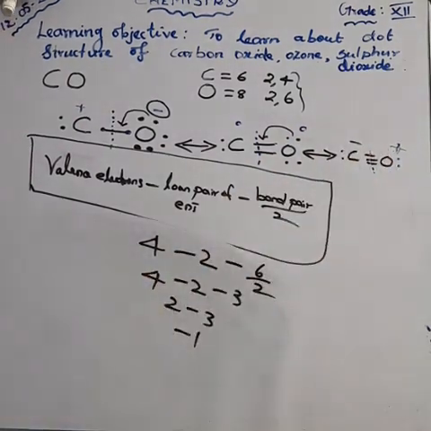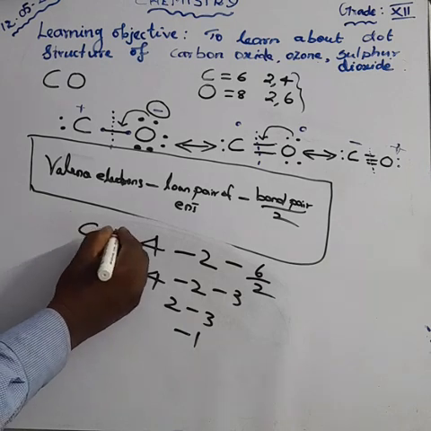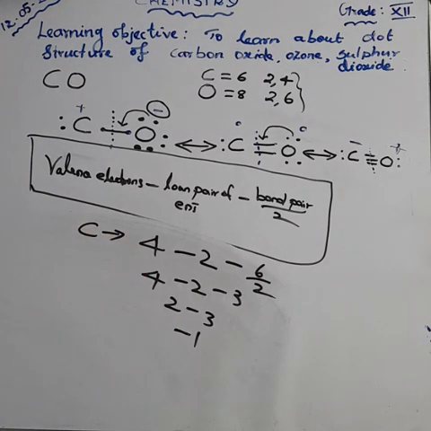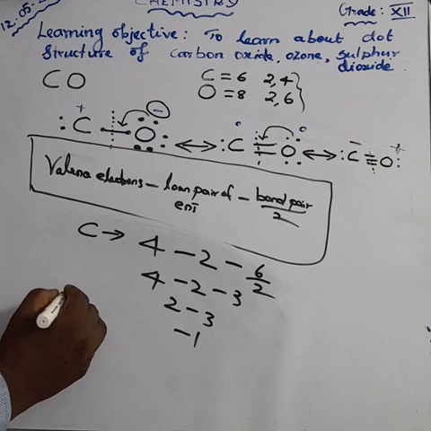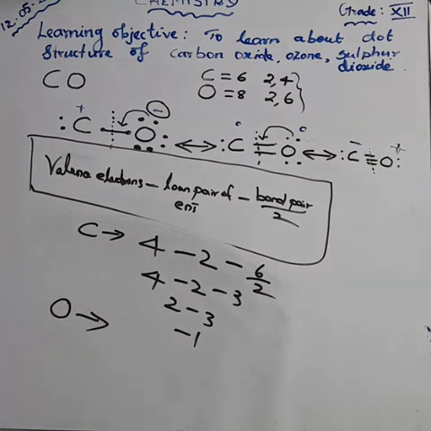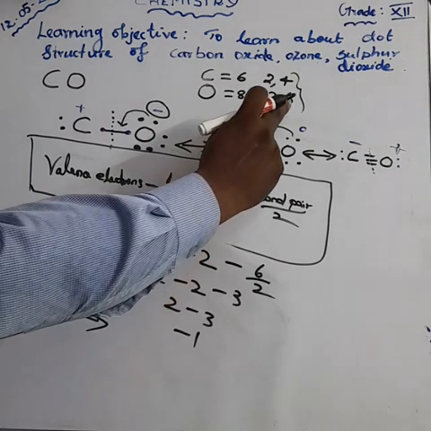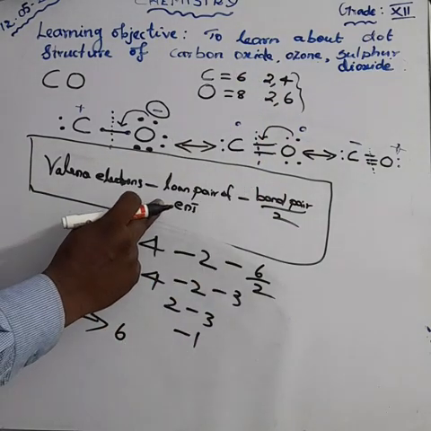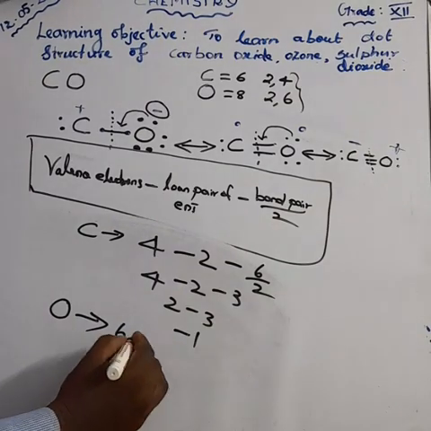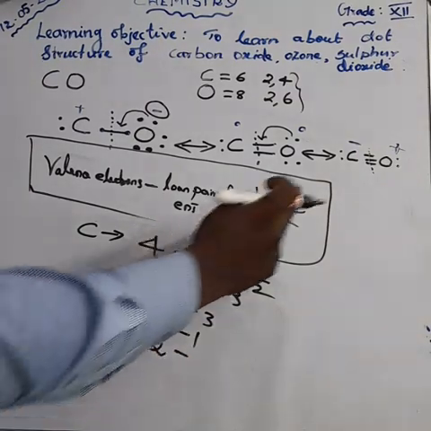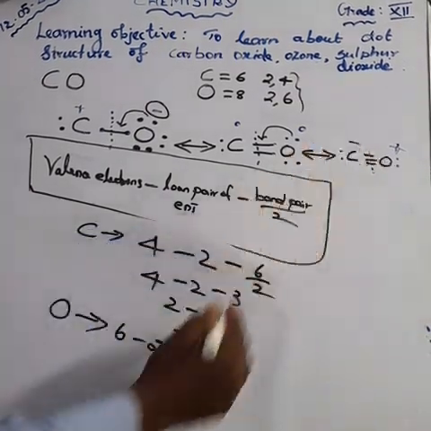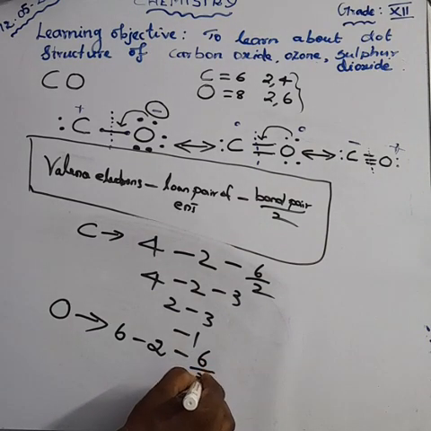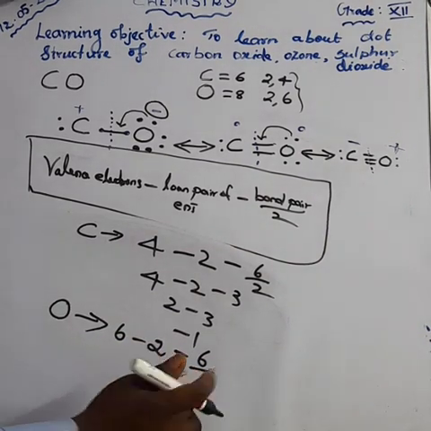Don't forget that. Next one. What about the oxygen? How can you find out the oxygen? This is for carbon. And next about oxygen. What is the valence electron of oxygen? That's 6. The lone pair of electrons here on oxygen is 2, minus bond pair. Here I have a triple bond, so we write 6 by 2.